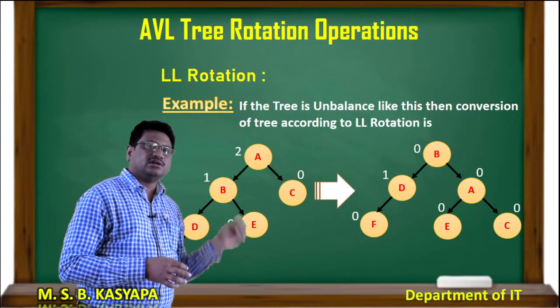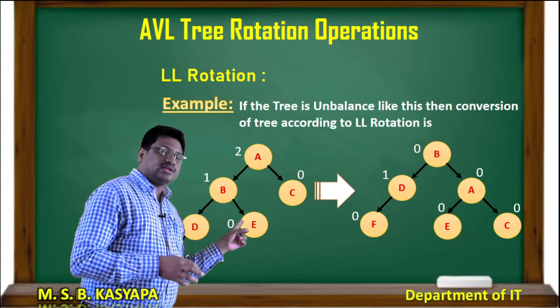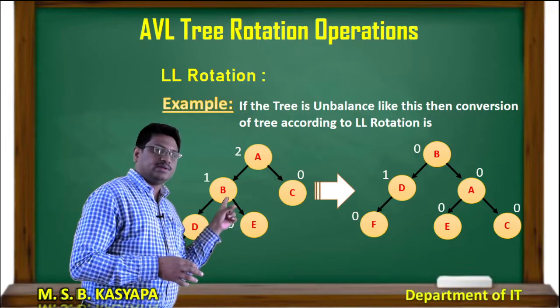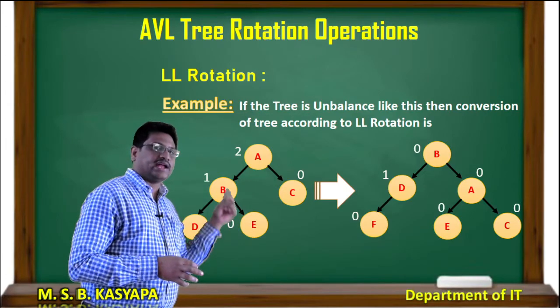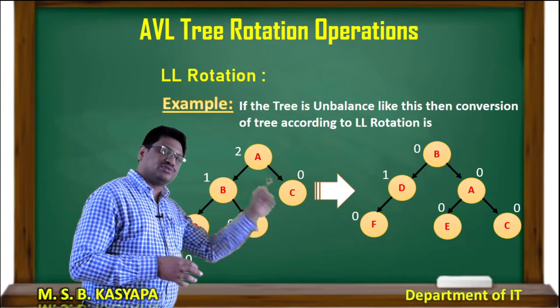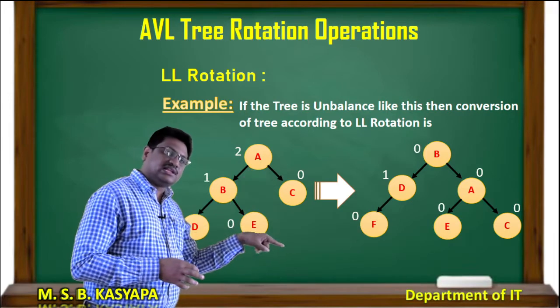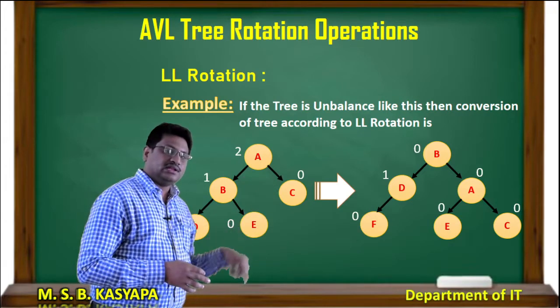If you see here, E is the right child for B, am I right? E is the right child for B. It is moved to the right subchild and made a left one.